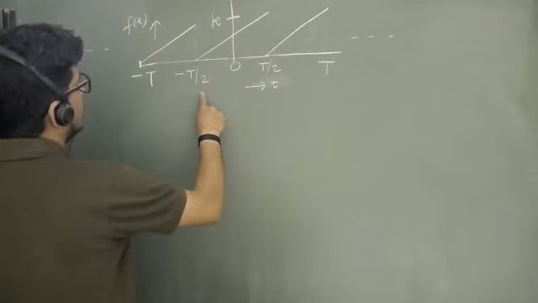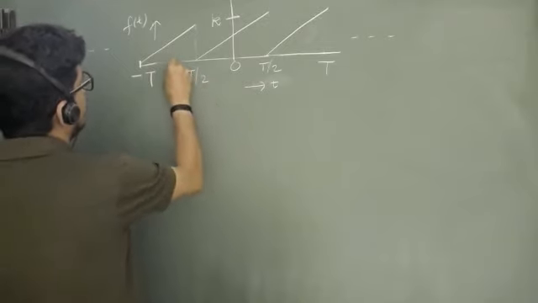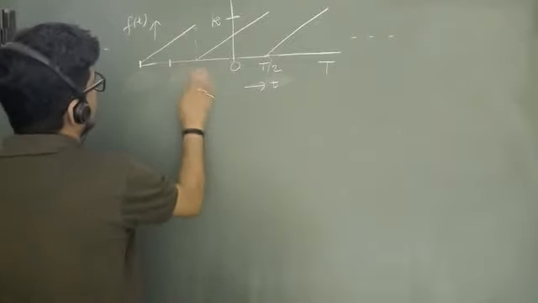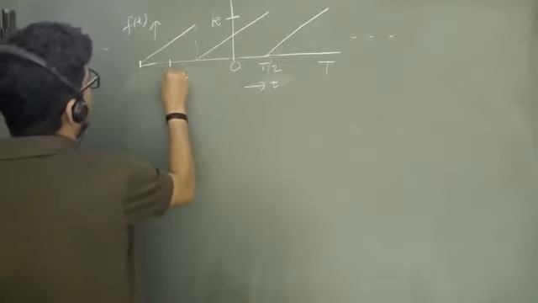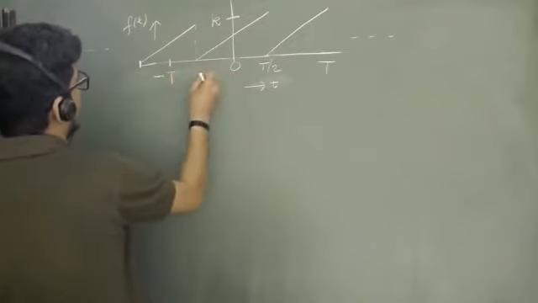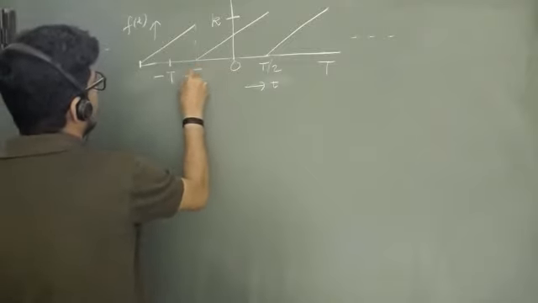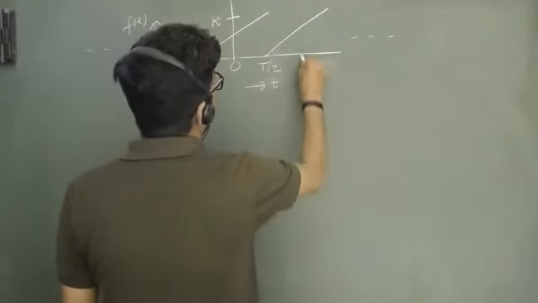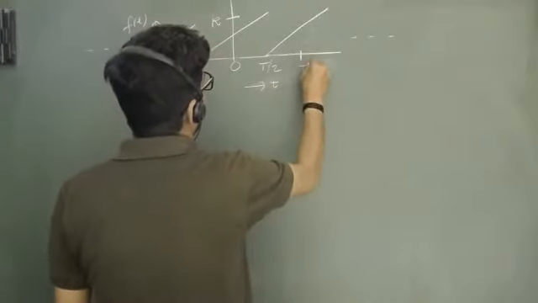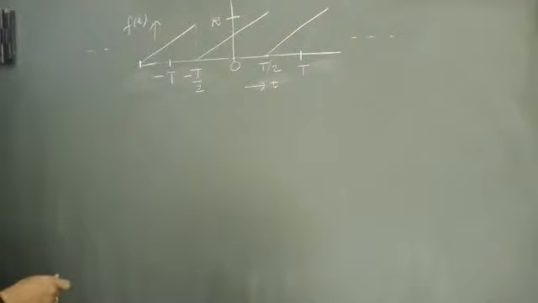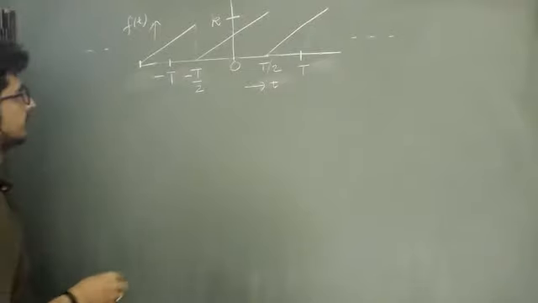If I take this, minus T will fall here. This will become minus T by 2, then T by 2 will fall here, and this will become T, because this is a unit. Yes, sir. Now this is okay.